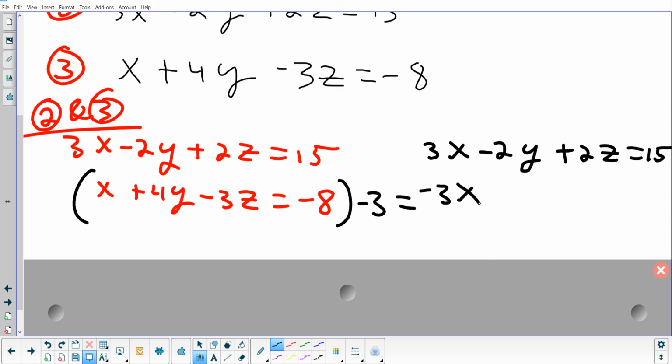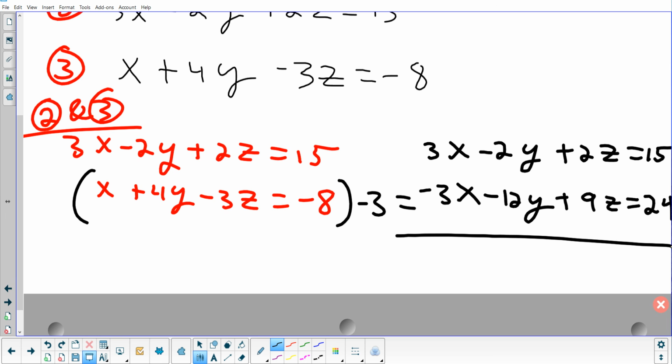Negative 3x minus 12y plus 24z equals, oh, whoops, that was the wrong one, sorry. 24 is on the right, that is 9z. Double check it. Negative 3x minus 12y plus 9z equals 24. Yep.